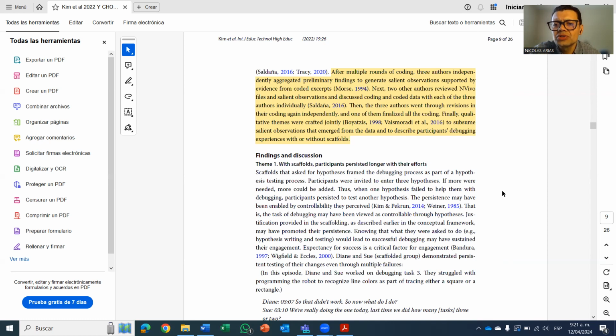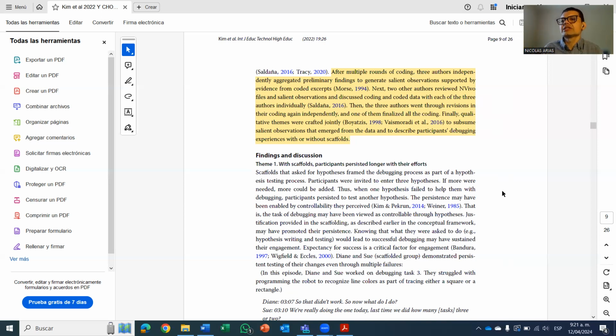Then the three authors went through revisions in their coding again independently, and one of them finalized all the coding. Finally, qualitative themes were crafted jointly to subsume salient observations and emerge from data that describe participants' debugging experience with or without scaffolds.